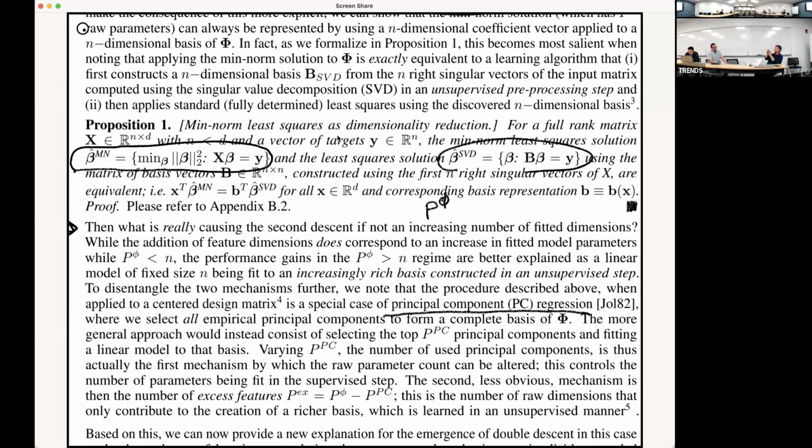So even though your matrix is n by phi, where phi is infinitely large, whatever number you want, the right singular vectors of x, basically the n of them, the full rank part of it is all that you need to get the minimum norm solution. But it will be a different minimum norm solution for all of those matrices. And here they lost me because they're using some kind of magic words that I don't understand.